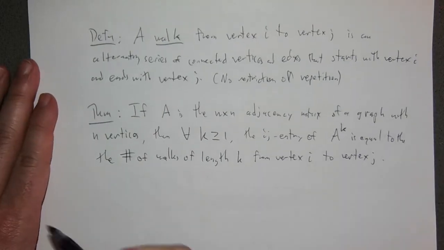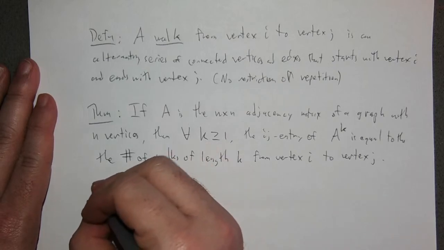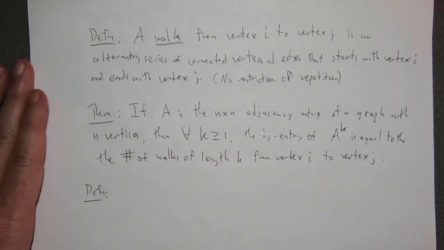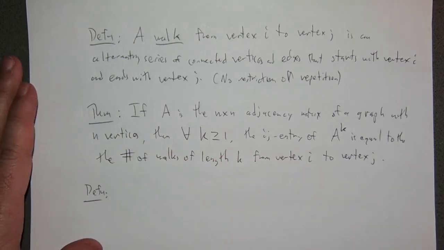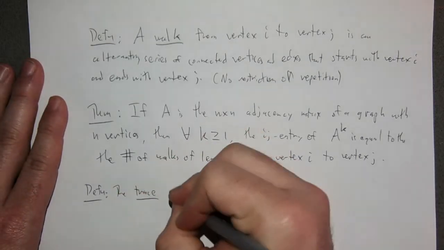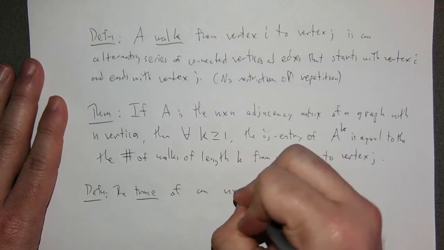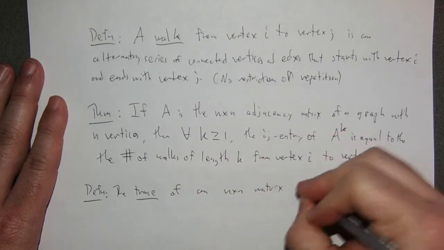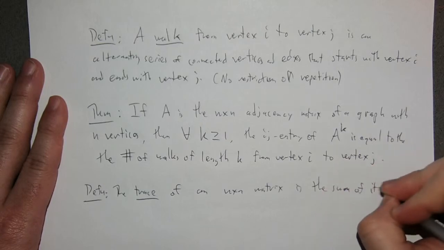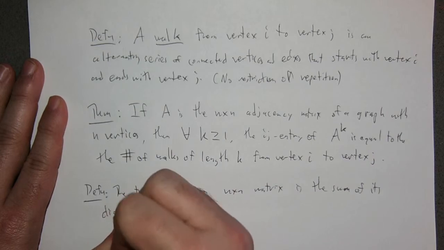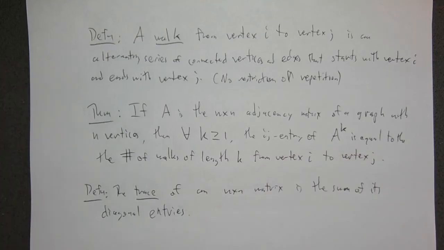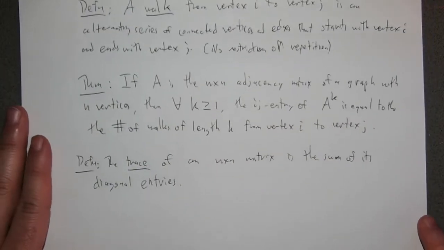So another quick definition, although all of you already know this. In fact, I think I did this during the review at the very beginning of the semester. So the trace of an n by n matrix is the sum of its diagonal entries. Okay. So you've probably seen that before.